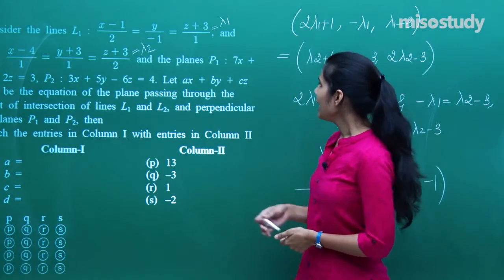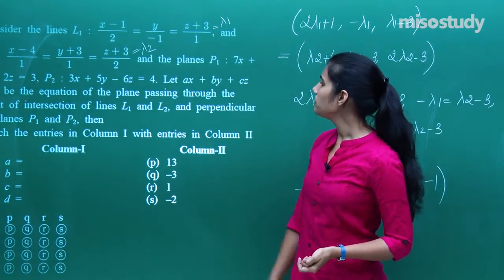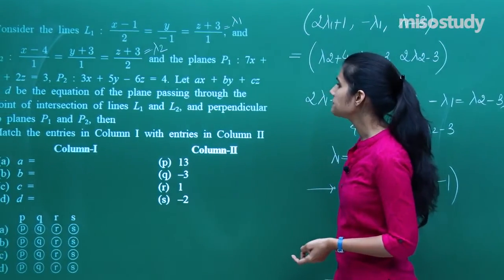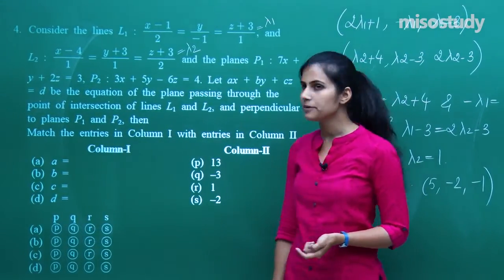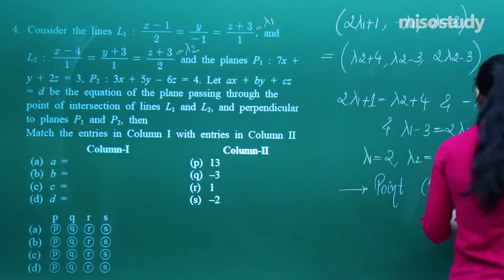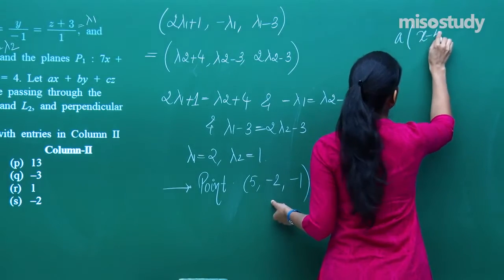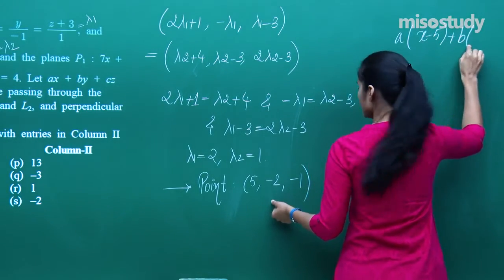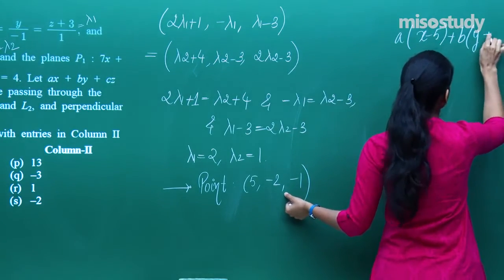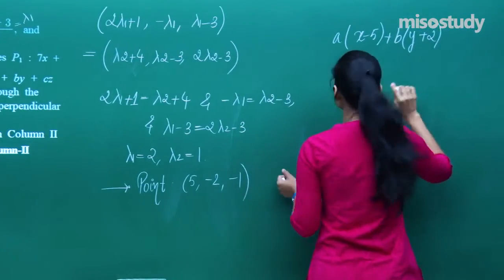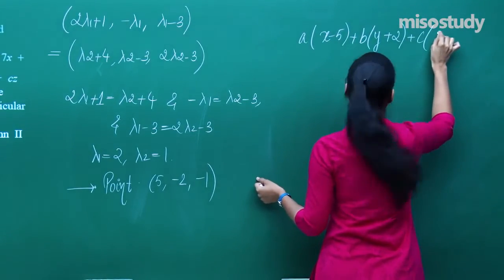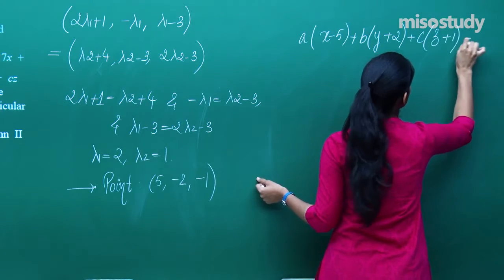Clear? If this is the equation of the plane passing through this point and is perpendicular to the two planes P1 and P2. Now see, my plane is passing through this point, so its equation is A x minus 5 plus B y minus minus 2, which is y plus 2, plus C z minus minus 1, which is z plus 1 equals 0.